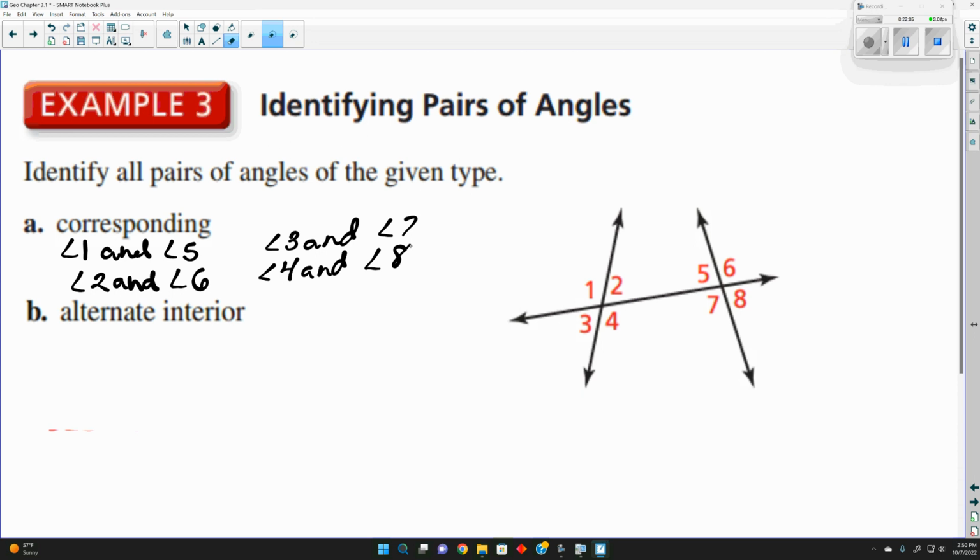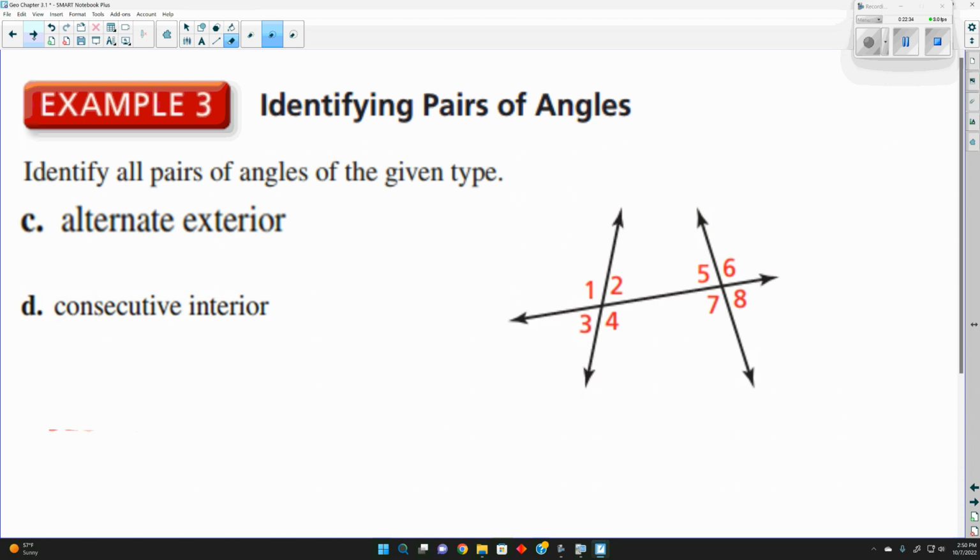Alternate interior, there's only going to be 2. Angles 2 and 7 are both inside the two lines and on opposite sides of the transversal. Then our other one, so we have angle 4 and 5. Questions on this here? Alternate exterior. So we're looking at what? 3 and 6. 1 and 8.